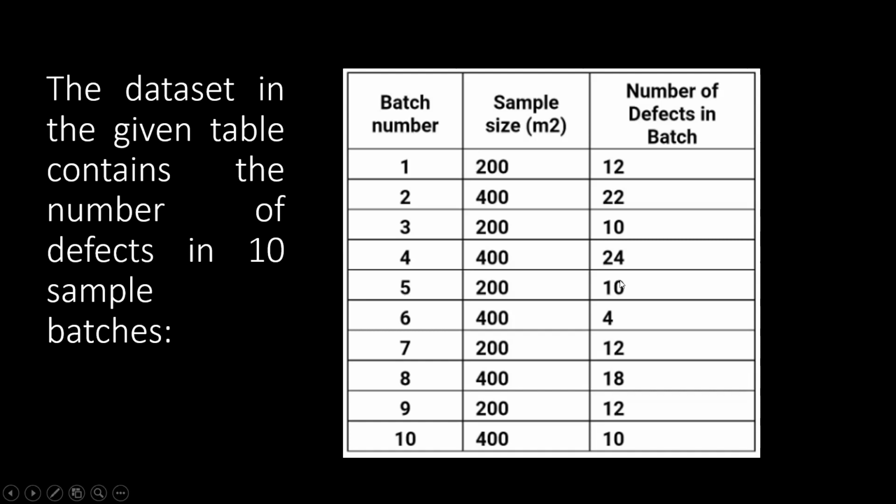Maybe we can take the average. Average of what? The number of defects. Number of defects? But see, the sample sizes are different, right? Separately for 400 and separately for 200. Okay, and then do what? Because I expect one answer, right?